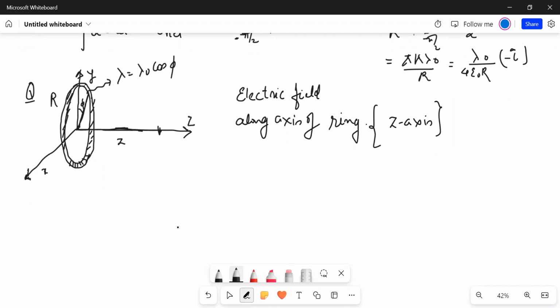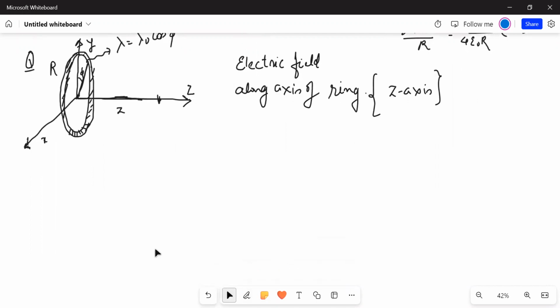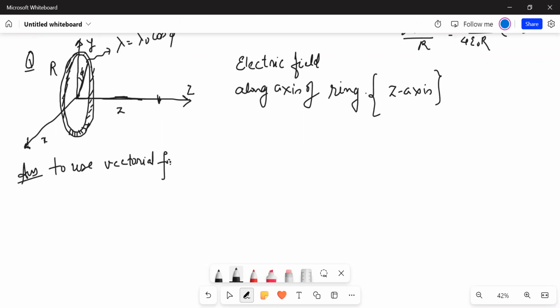Whenever such questions come, usually in books you'll find them done by symmetric considerations. But at times it is very difficult to understand on which axis the net electric field would lie. So my suggestion would be to use the vectorial form of electric field here.